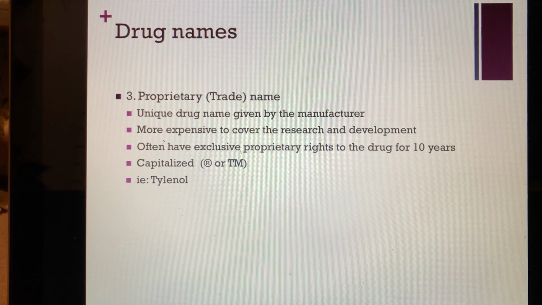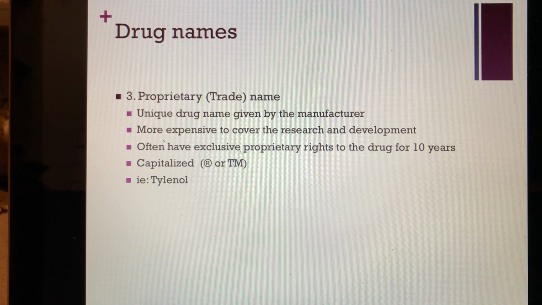So when we think of those brand name drugs, Tylenol, Advil, Benadryl, those are all trade names of a generic drug. So typically your trade name is going to be a more expensive drug, especially if it's the original manufacturer.